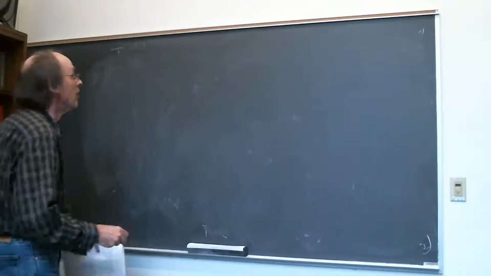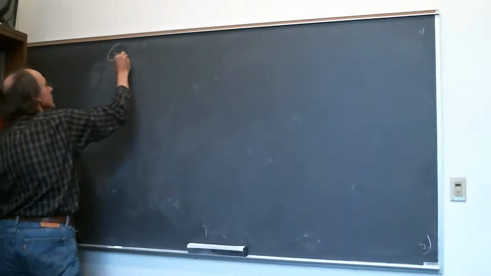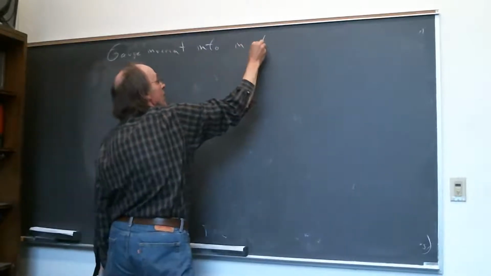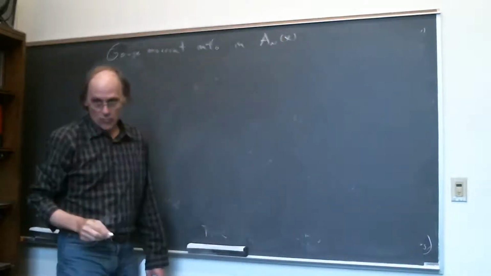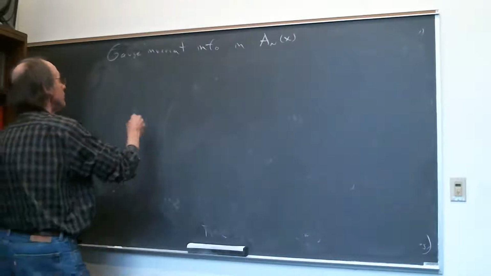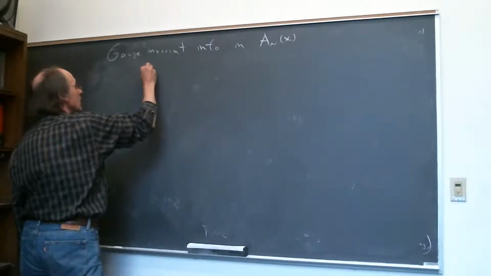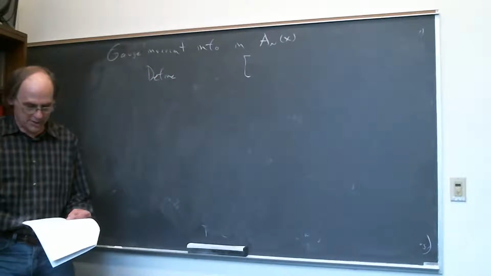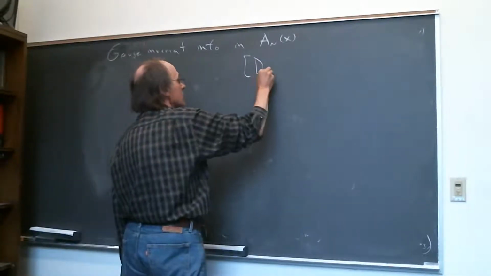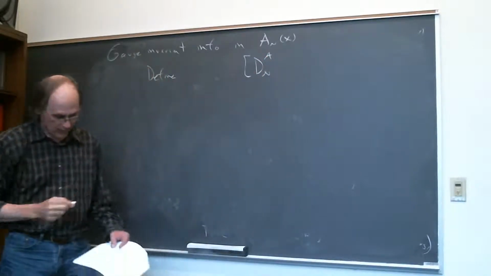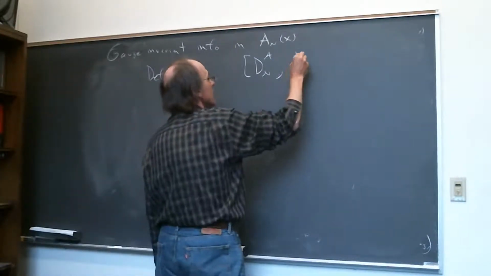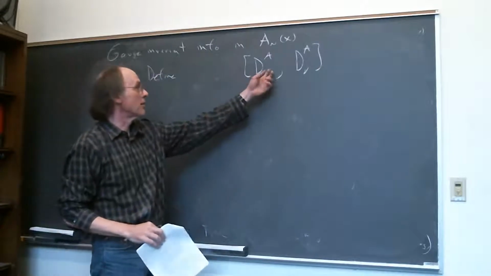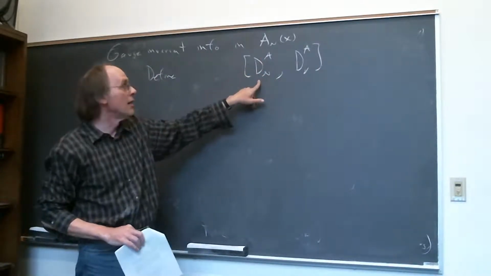The gauge invariant info in the vector potential: it turns out that if you take this operator, which depends upon A, and look at commutators with itself, where mu says you're differentiating in some direction and nu in another direction.